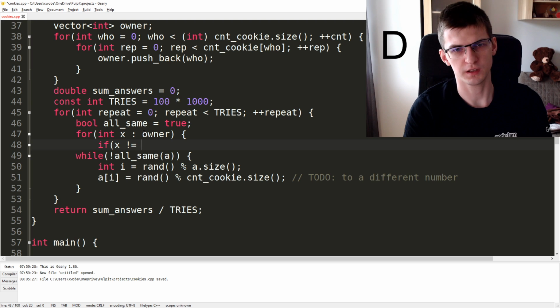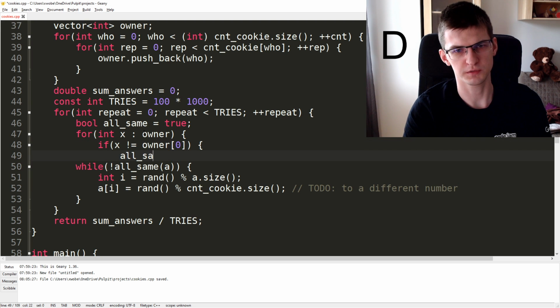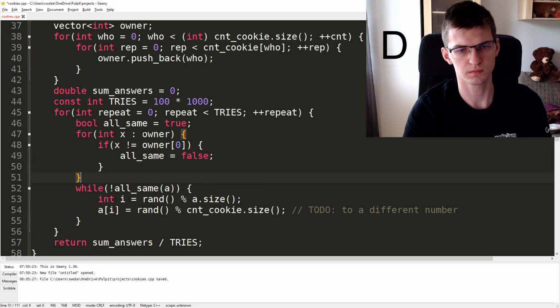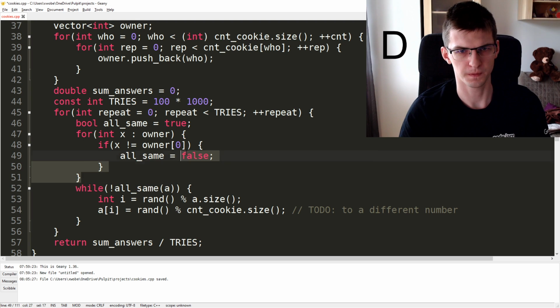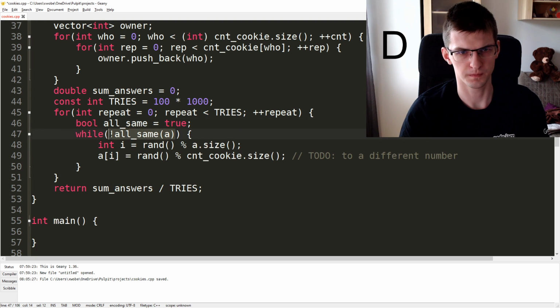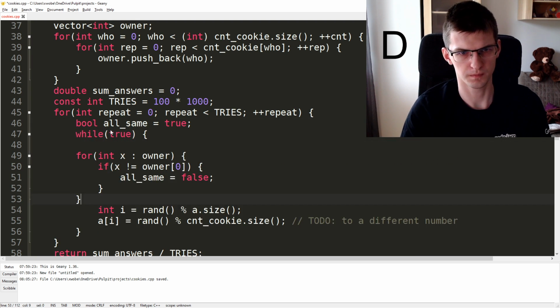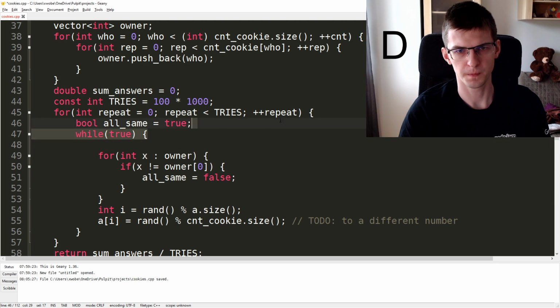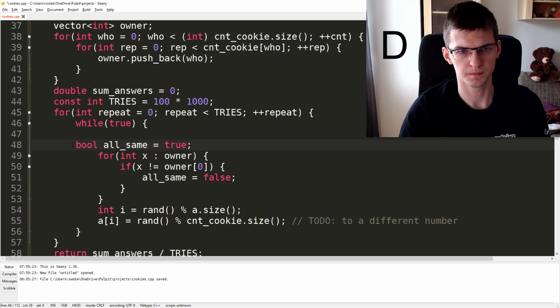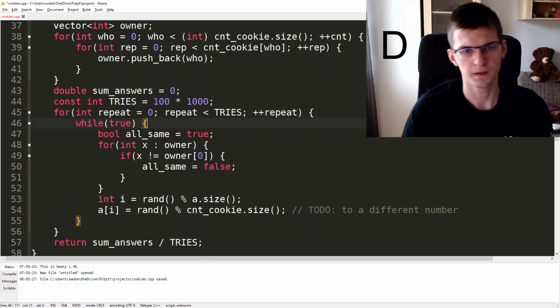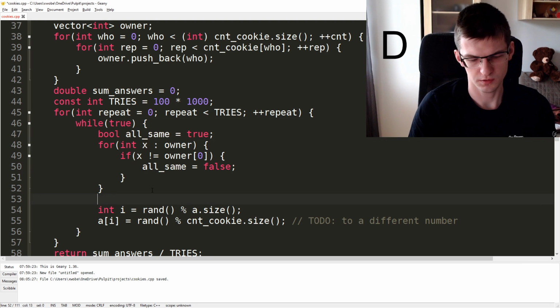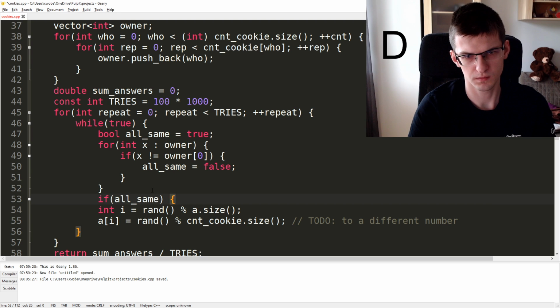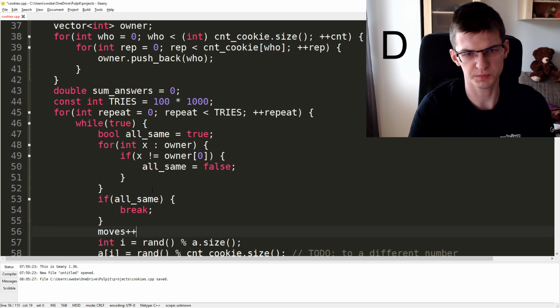X different than owner of 0, same is false. All same is true. Break, there are moves plus plus.